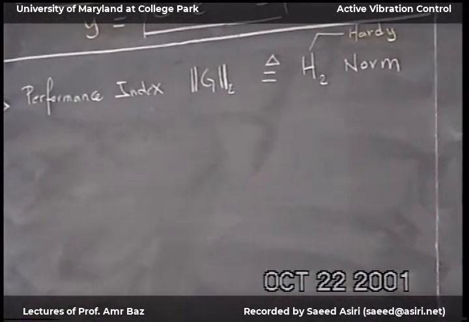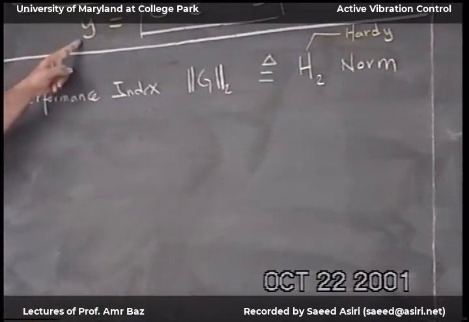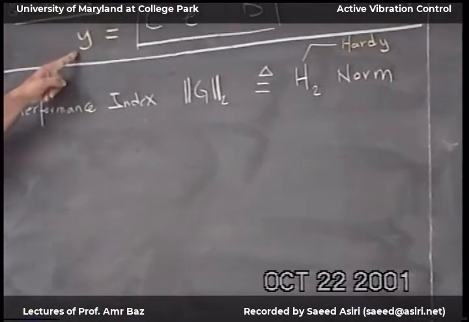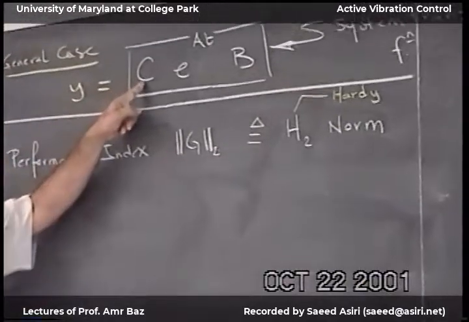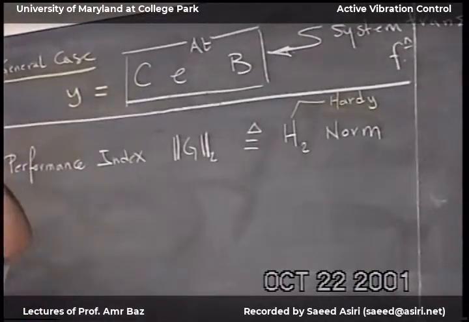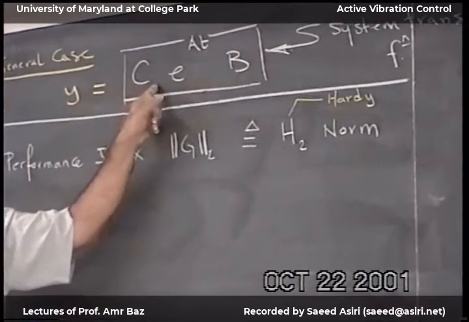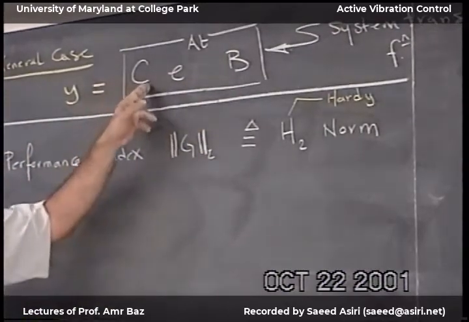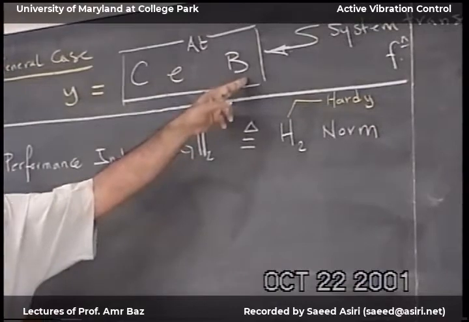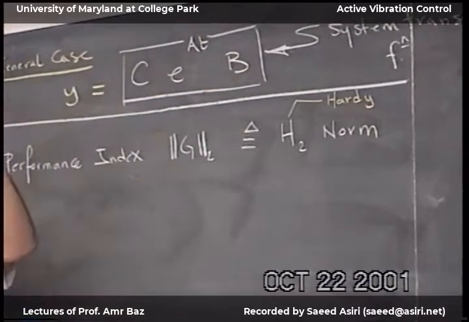because now this y can be a scalar if I have one measurement. But this y can be a vector if I have a large number of sensors and large number of actuators. So this can be a matrix. Okay.